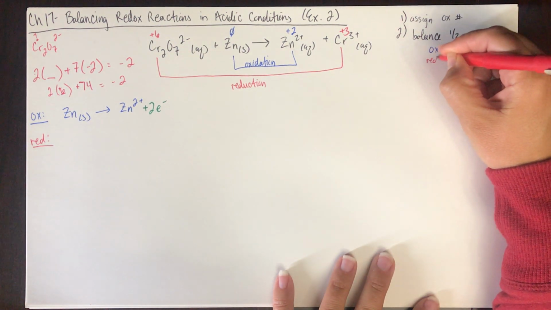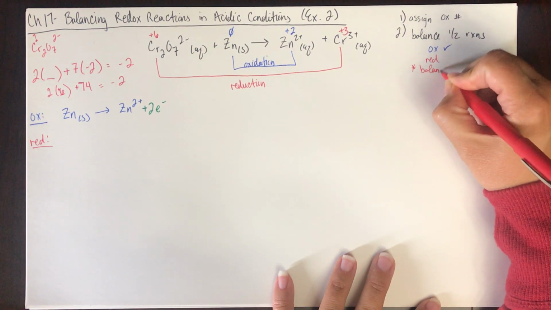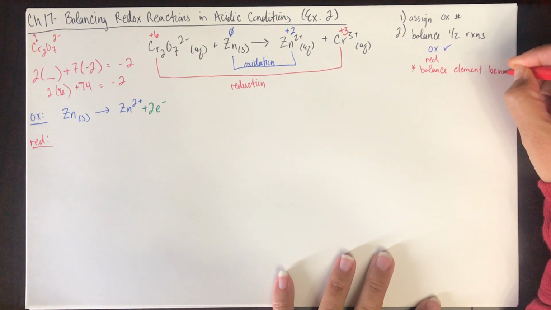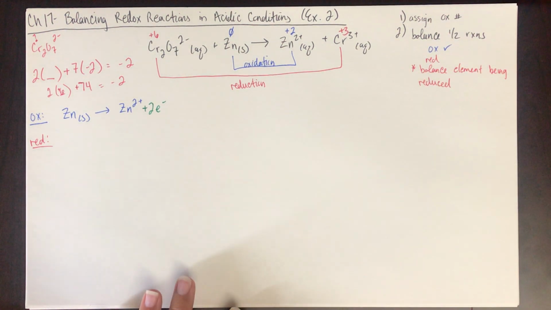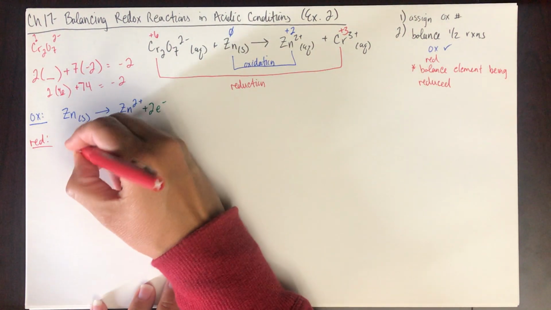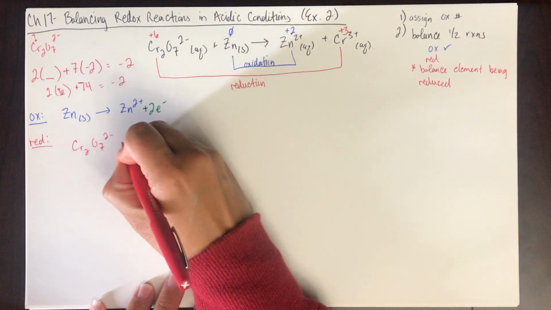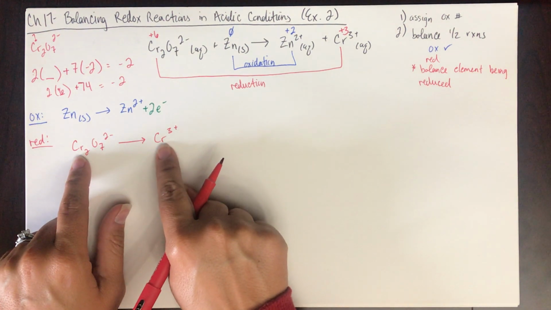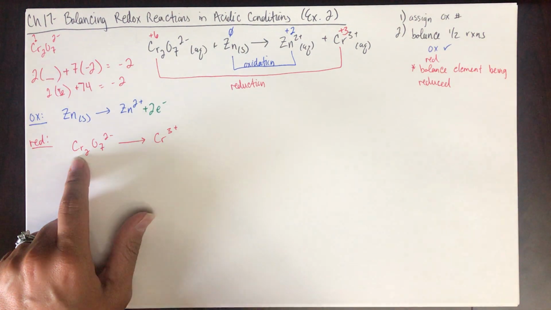For the reduction half reaction, first I need to balance the element being reduced. The element being reduced is chromium. Now I'm going to write this out. The element is not balanced because on this side I have 2 and on this side I just have 1.